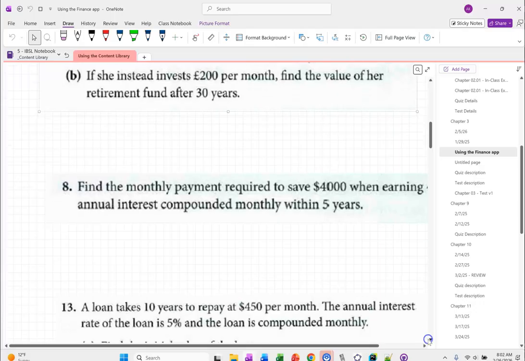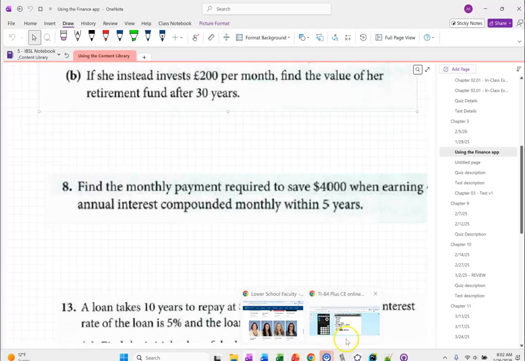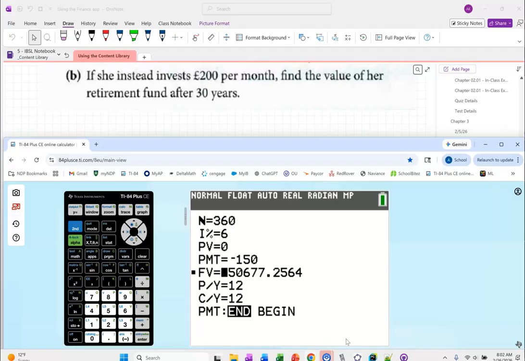Part B then says, what if we put 200 bucks in instead of 150?